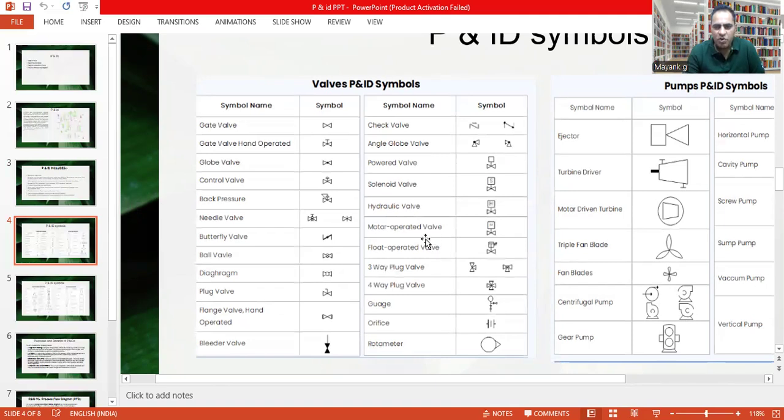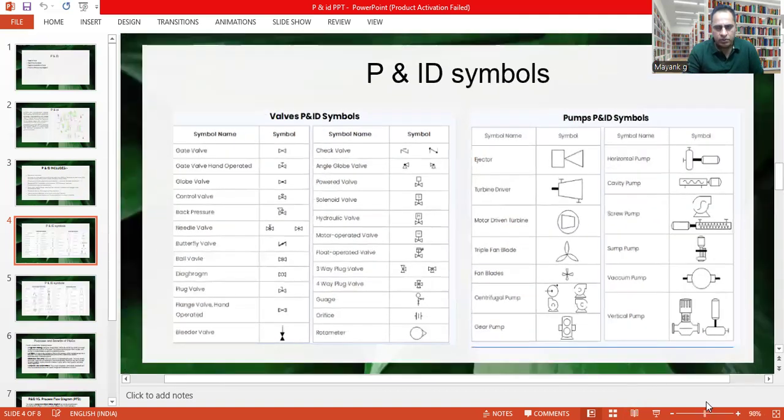Then if there are any motor operated valves, then we have float operated valves, three-way valves, four-way valves, then the orifices, rotameters. So as you can see, most of the valves have symbols which are shown here.